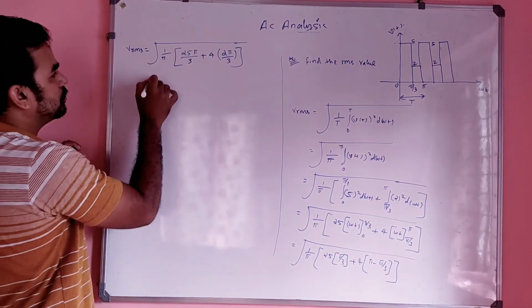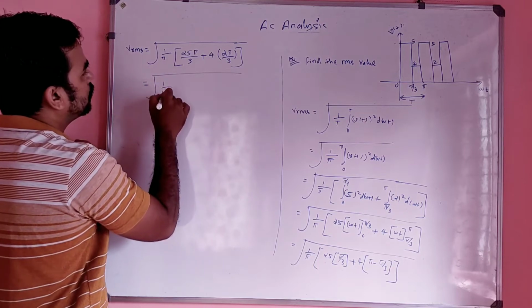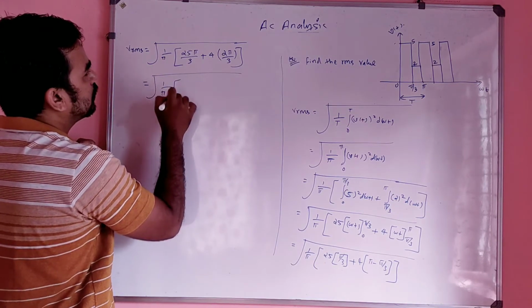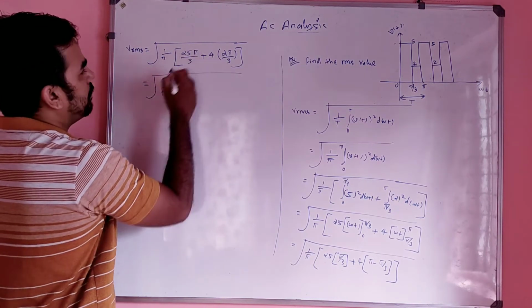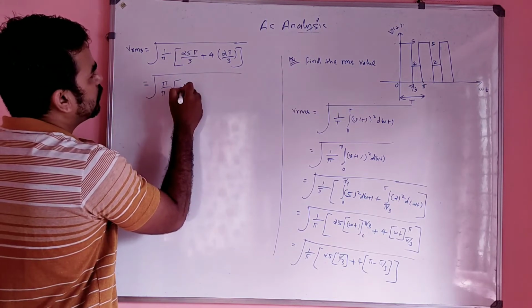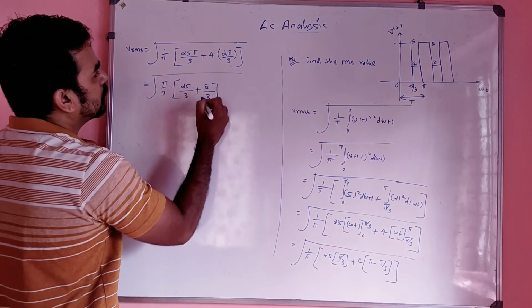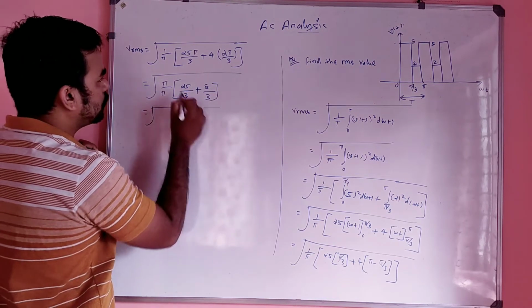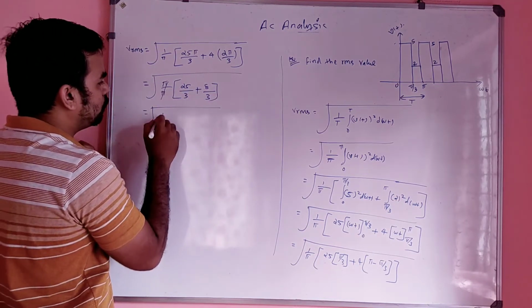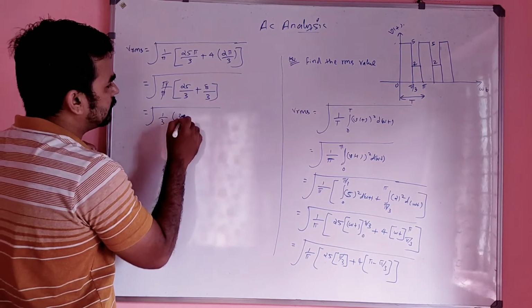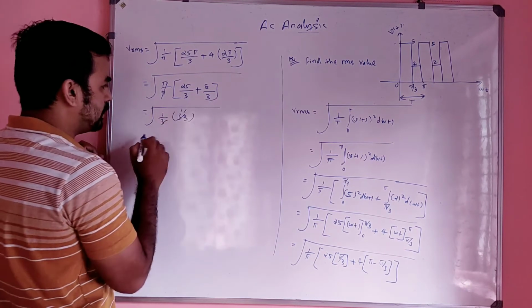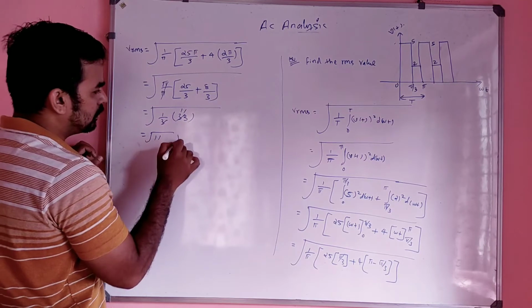So that will be equal to root of 1 by pi, this common pi you can take outside, 25 by 3 plus 8 by 3. So pi gets cancelled, 1 by 3 can be taken outside, it is 33, so 3 and 3 get cancelled, root 11.